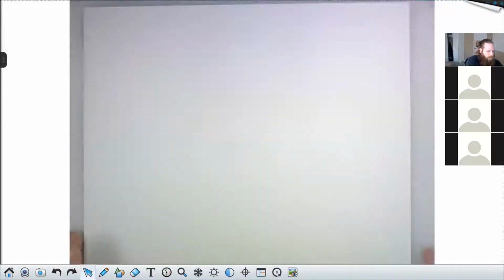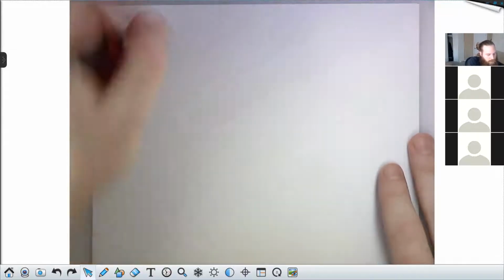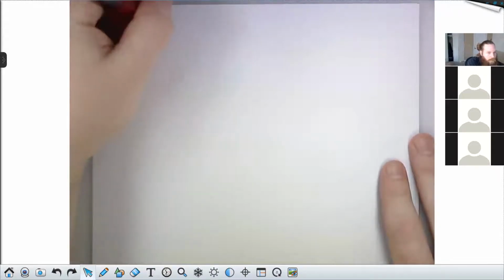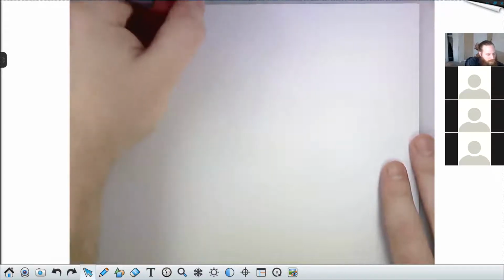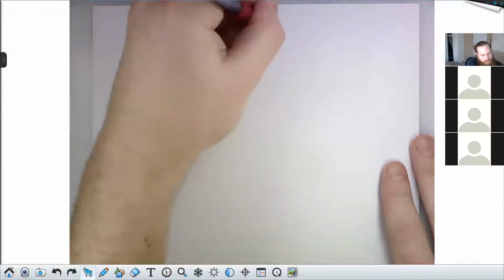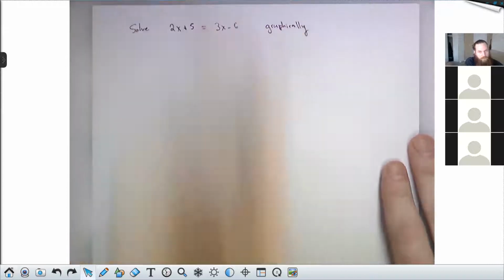So there are some problems in the homework that ask you to solve equations graphically. So I could ask you to solve, Mark's example here was 2x plus 5 equals 3x minus 6 graphically.